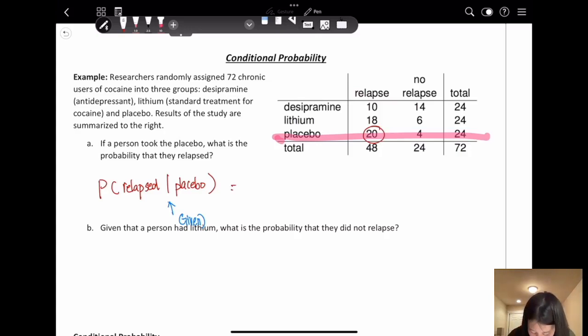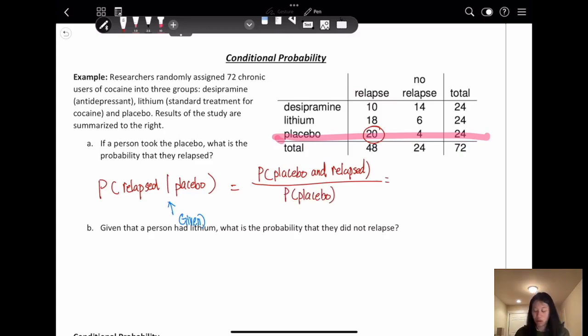So the probability should be the people who took placebo and relapse over the people who took placebo. The people who took placebo and relapsed is 20 over 72.